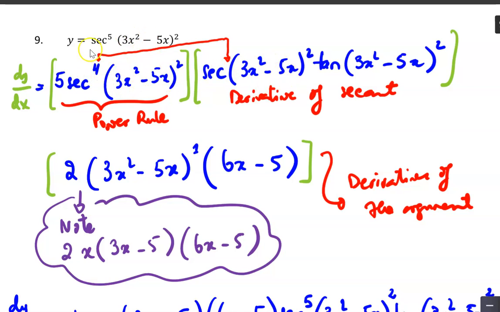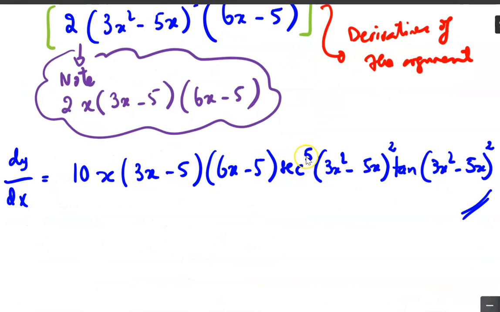It doesn't mean that you can skip this step and just rewrite the exact same thing again. I don't recommend that because all the rules still apply. Power rule, derivative of cosecant, the derivative of the argument, they all multiply with each other. Then you can combine like terms or multiply the 2 powers with the same base. So in this case, secant to the 4 and secant to the 1, you can combine and write it as secant to the exponent 5.